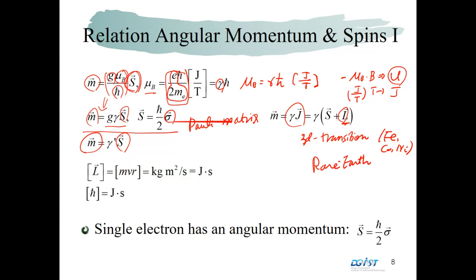Okay, and the single electron has an angular momentum of h bar over 2 times sigma. The sigma is dimensionless, so the h bar carries the angular momentum dimension. So for the angular momentum of spin, we have a half of h bar.